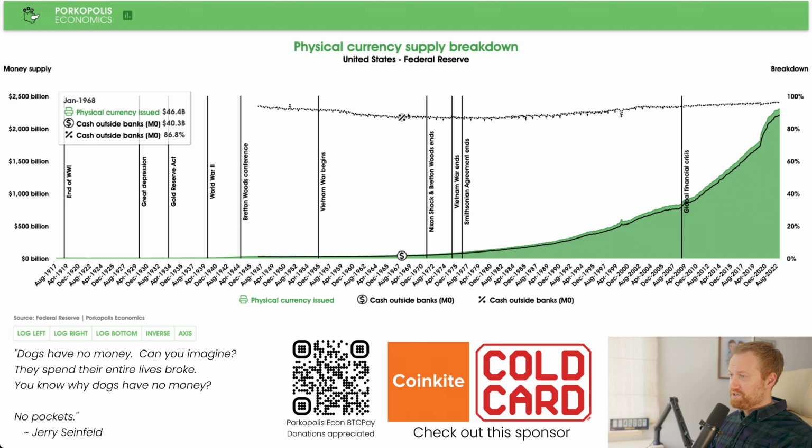The vast majority of, I didn't even say the total yet, the $2.29 trillion of physical cash and coin that exists in totality, that the Federal Reserve has printed in totality, and the U.S. Treasury has minted, because they mint the coins still.